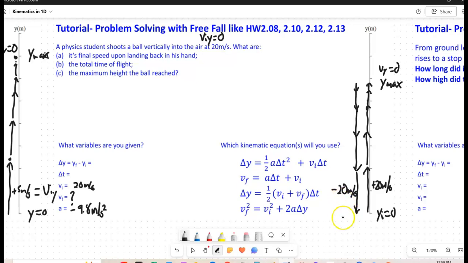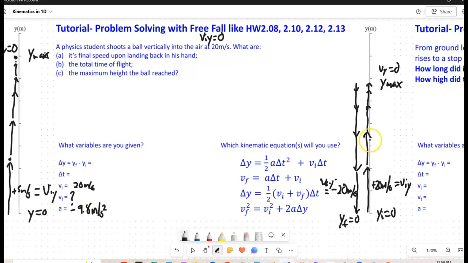And so its final position in the y direction is equal to its initial position in the y direction. The interesting thing is, if this is the initial velocity when it's leaving your hand, this has to be the final velocity when it's landing back in your hand. It has to be.